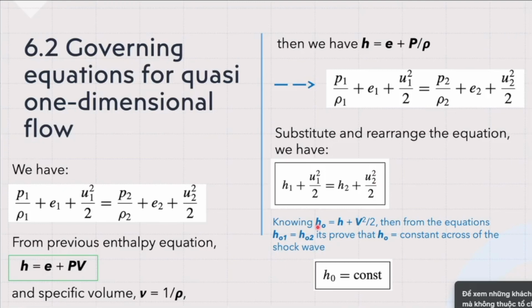Knowing that the h naught, right, is equal to h plus V squared over 2, then from the equation here, we know that h naught 1 equal to h naught 2, and it proves that h naught is constant throughout the shock wave, where h naught is considered constant.